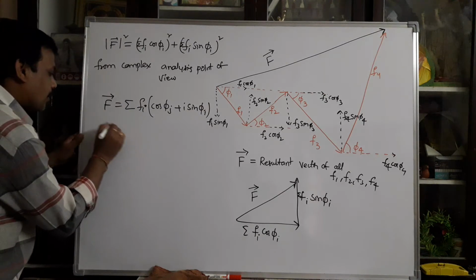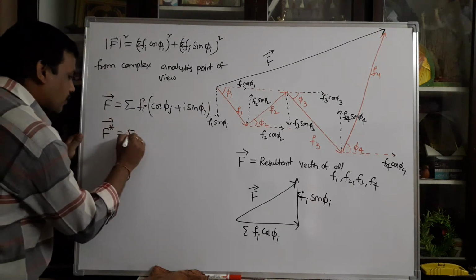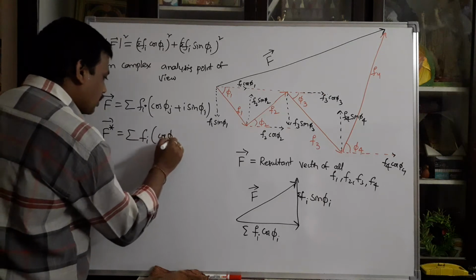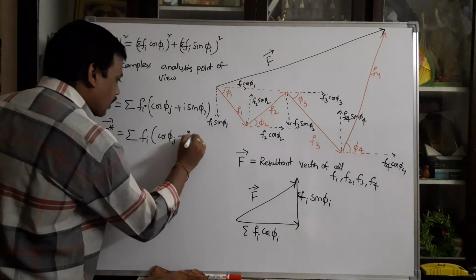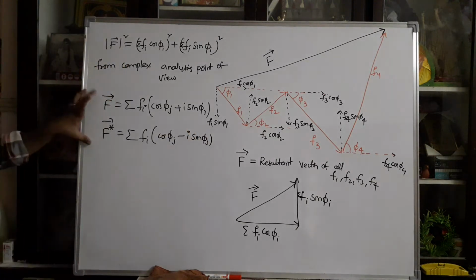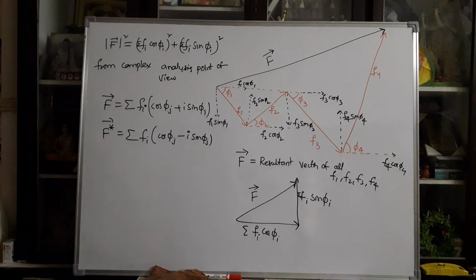F star bar, the conjugate, is fi into cos phi j minus i into sin phi j. This is with respect to the complex analysis point of view.